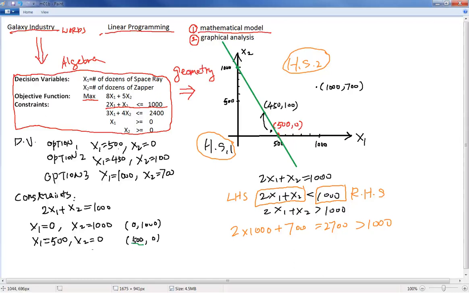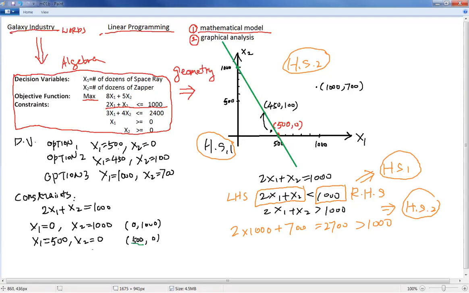That makes it satisfy the second inequality. So now we know the second inequality corresponds to half space 2, whereas the first inequality represents half space 1. You can also verify it by picking an arbitrary point from half space 1 to see whether it indeed satisfies the first inequality.